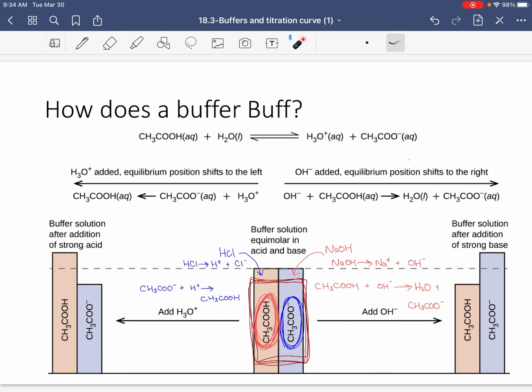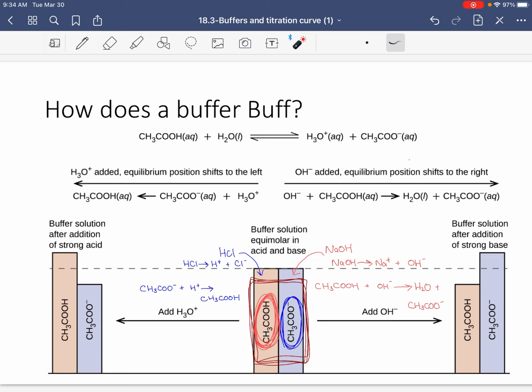And same with the other side: if you add OH to this, obviously looking at this reaction, you will make more of these, so this will go up, while this, of course, will come down. Okay. I hope this is certainly something that you understand and are able to interpret.